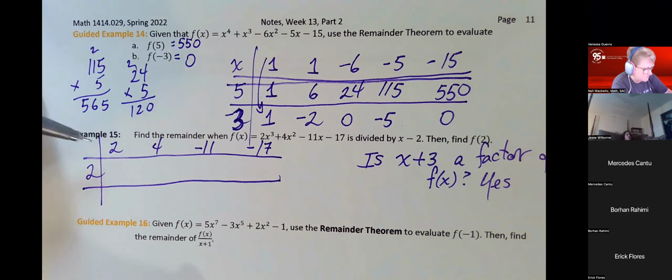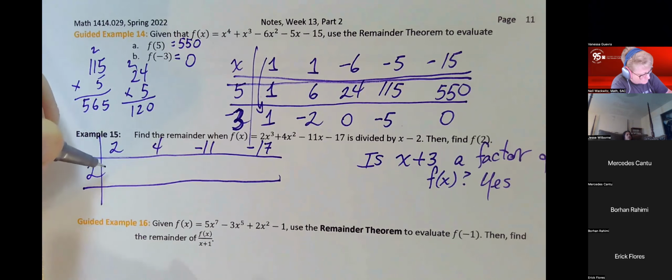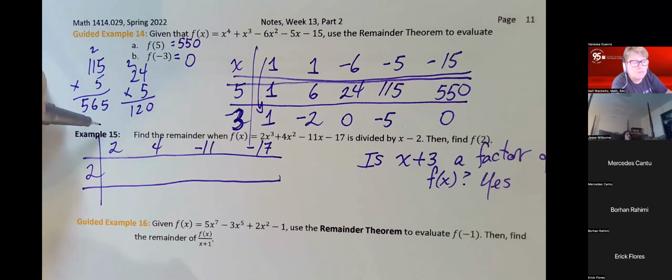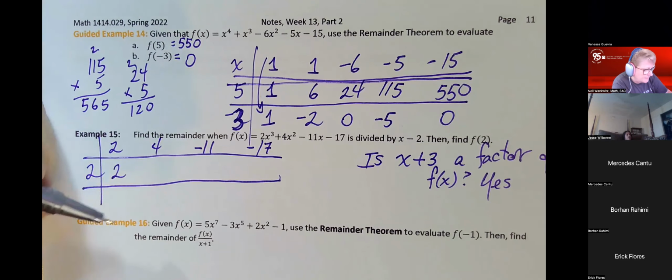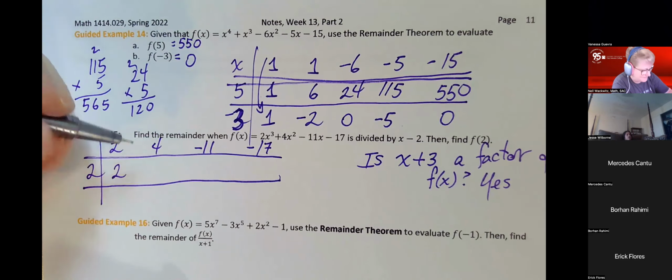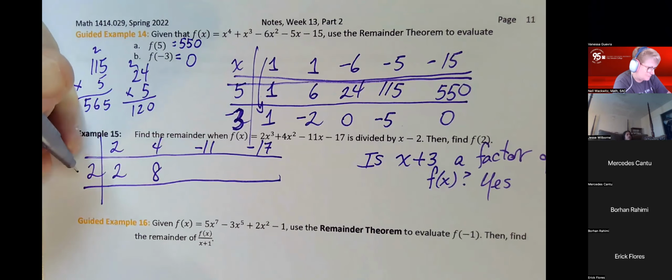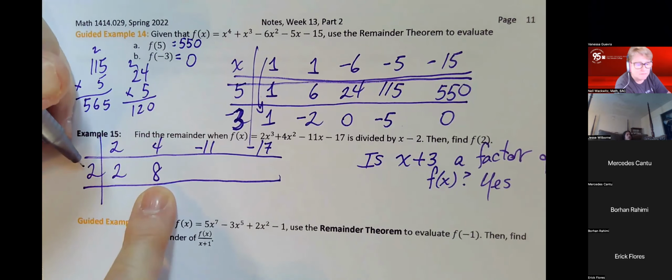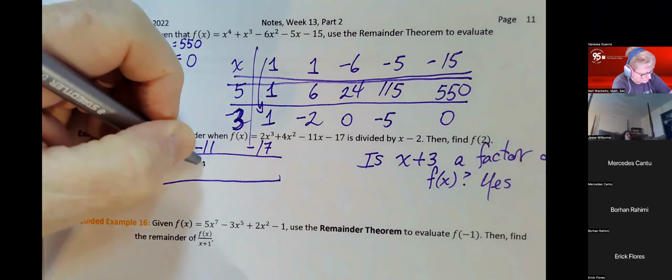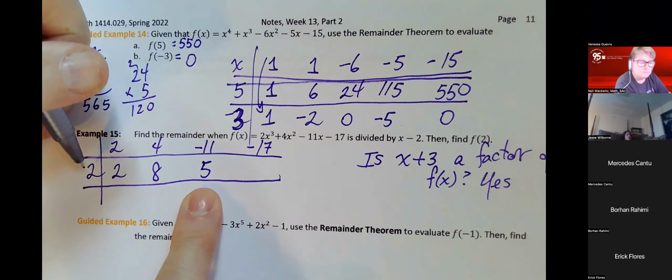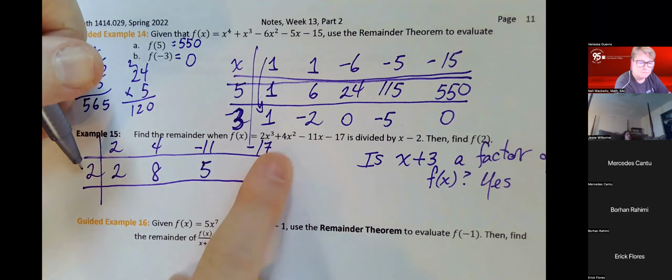Tell me all the steps, please. What do we do first? Multiply the 2 times 2. Good. And add 4. So it would be 8. 2 times 8 is 16. Add -11 would be 5. 2 times 5 is 10. Add -17 would be -7.